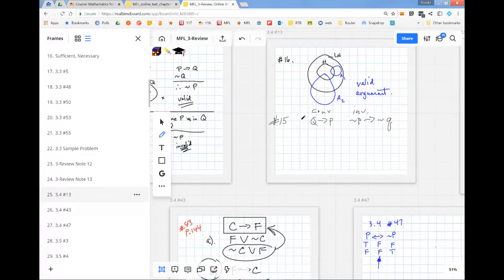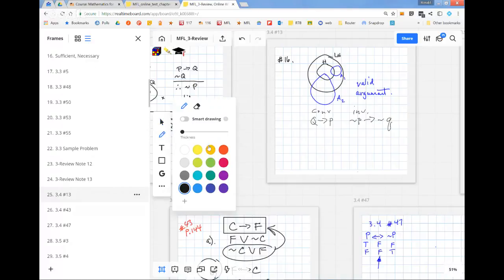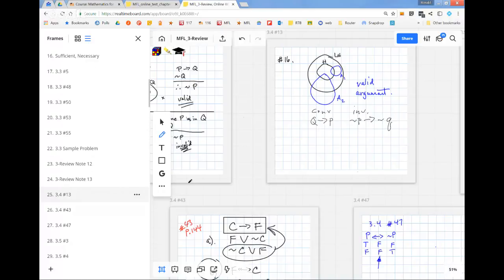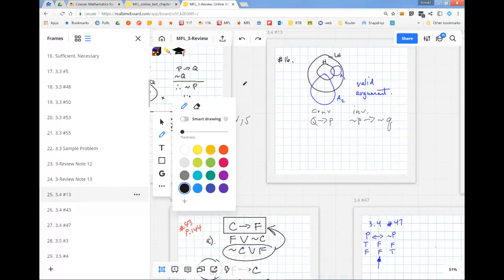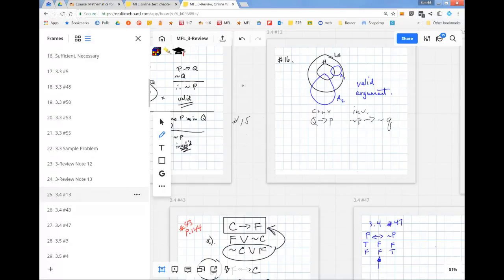So now those two are supposed to be equivalent. Basically, we just have to hammer out a truth table now. I'm going to move this 15 over again. I don't know why I can't plan ahead. Okay, so we need a P and a Q, and that's probably going to be enough.